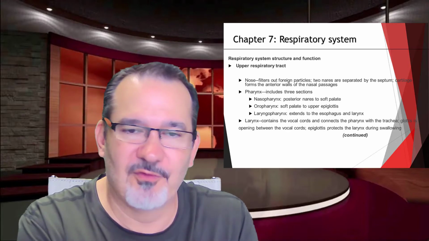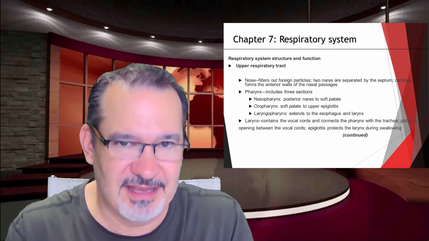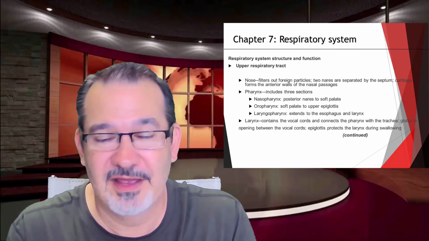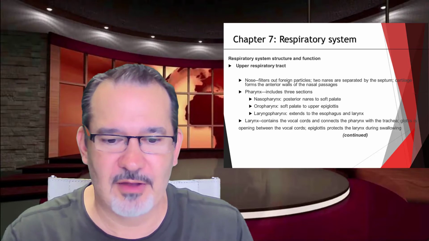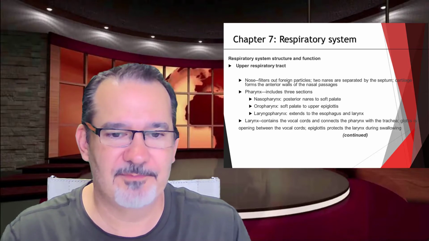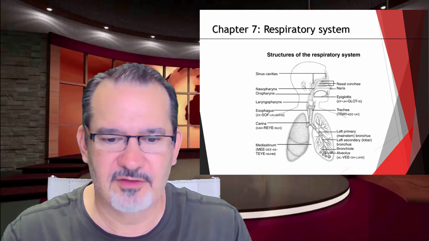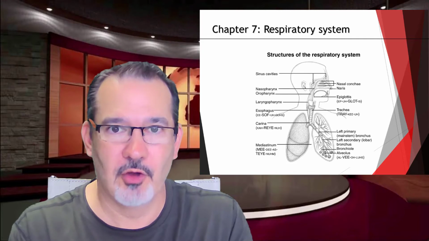N doesn't come before the R, so it has to be pharynx. Same thing with larynx, L-A-R, not L-A-N. So it's L-A-R, larynx. So make sure that you pronounce that correctly. There's a good diagram of these things that you can take a look at on your own.